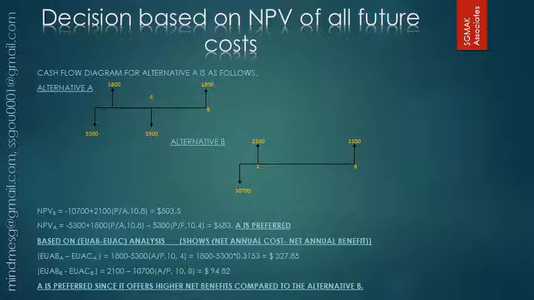Since A offers a higher number, A is the better alternative compared to B. So both approaches give you the same solution. As you can see, this is computationally less tedious because you don't have to correct for unequal service lives.